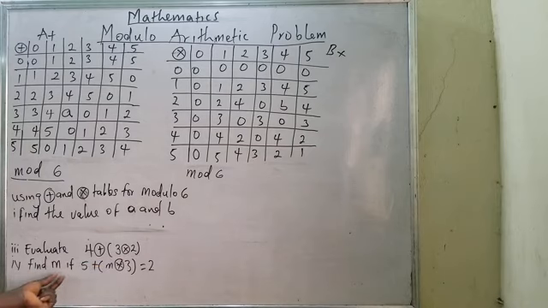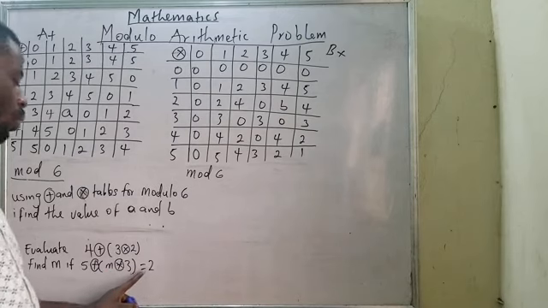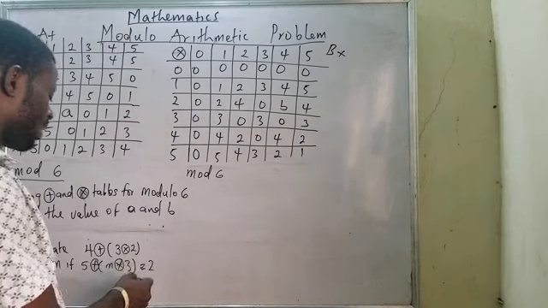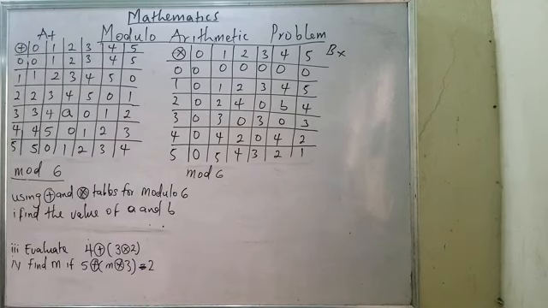And find the value of n if 5 additive operation with the bracket of n multiplication of 3 is equivalent to 3, equivalent to 2. How do I solve this question?